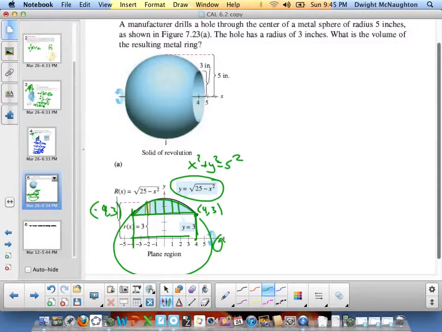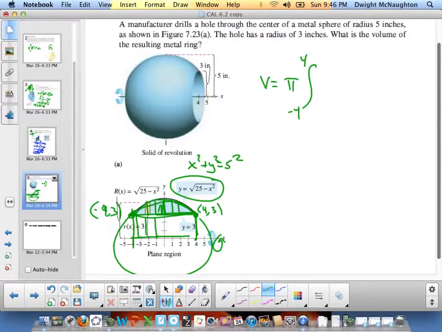And so when we integrate this, we're going to use our washers because there's a large radius, and then we cut out this. We're not right up against the axis of rotation. So it'll be volume equals pi from, since we're with respect to x, stacking along the x-axis, we use the x values for our limits. Pi from -4 to 4. Our large radius is the square root of 25 minus x squared.